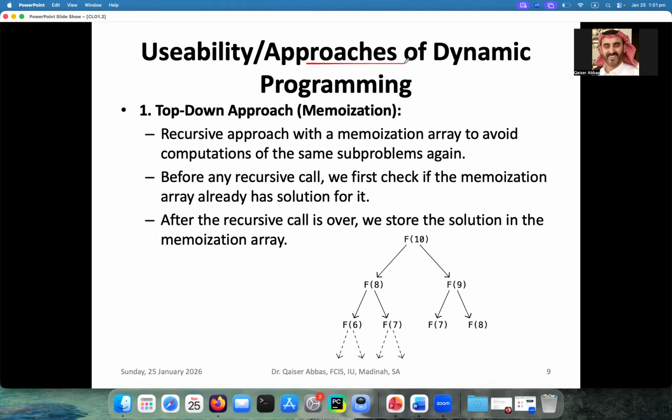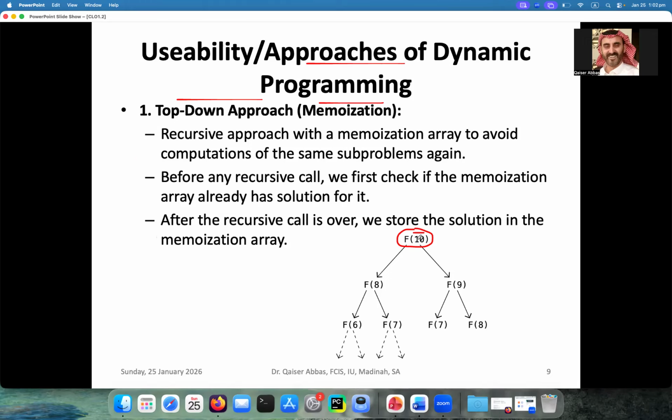Two design strategies. One design strategy is top down. And the other name for this top down approach is memoization. In this approach, you will start solving the problem from the last number. If your array has n elements, you will start calling your problem with n.